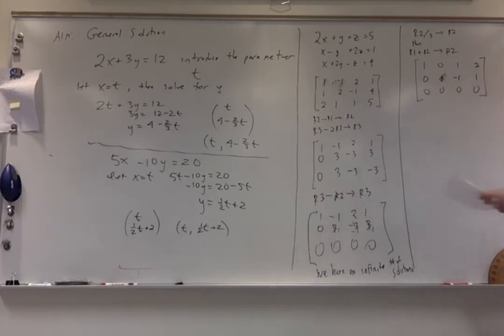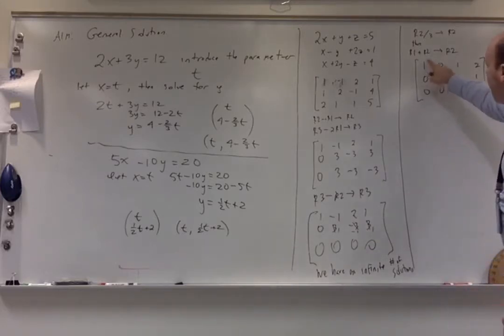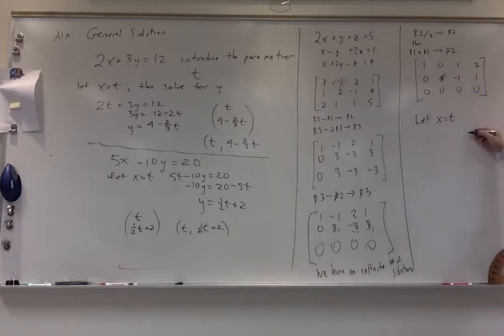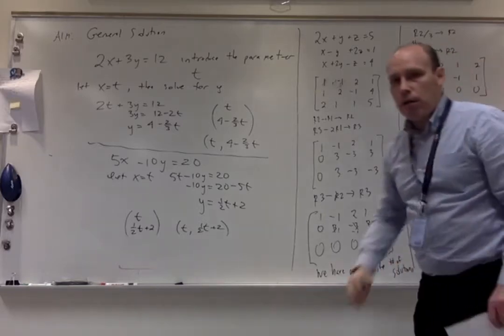Okay, so what should we do? Well, you know what? This is x plus z equals 2. So let x equal t. That means we have t plus z equals 2. That means z equals 2 minus t. Well, can you see that over there?